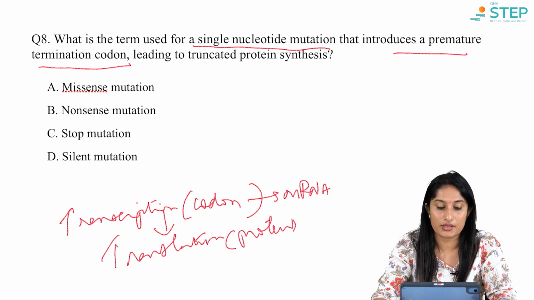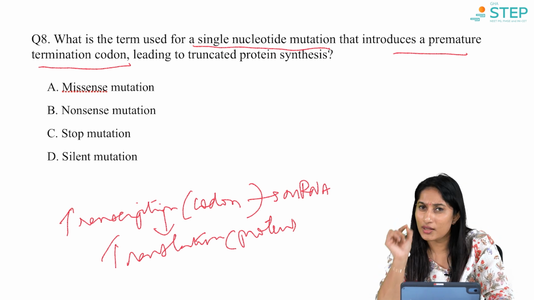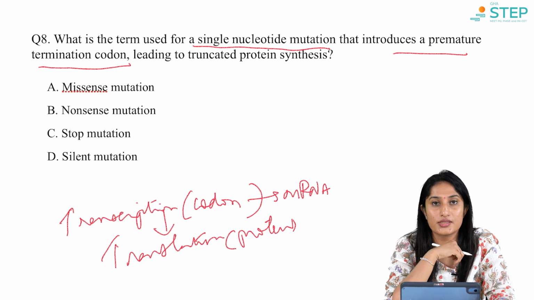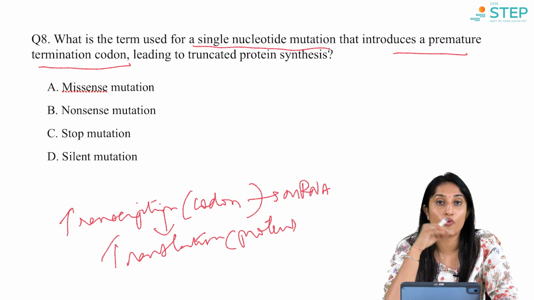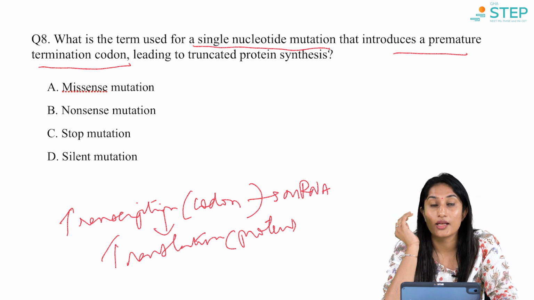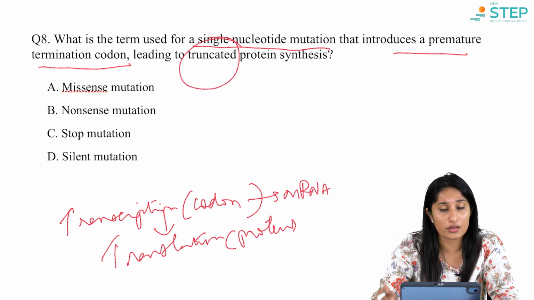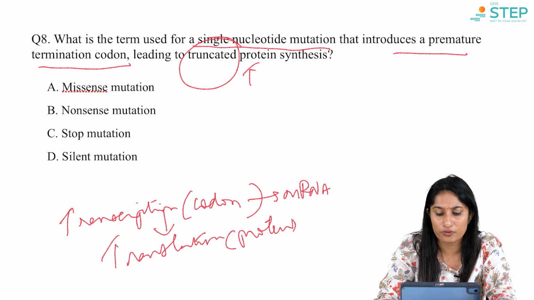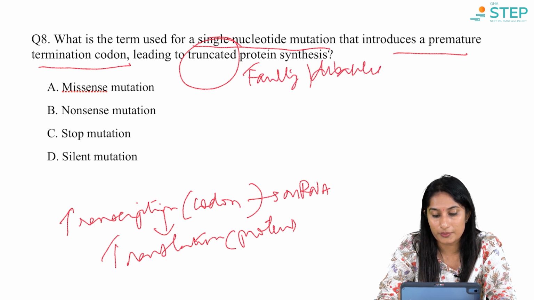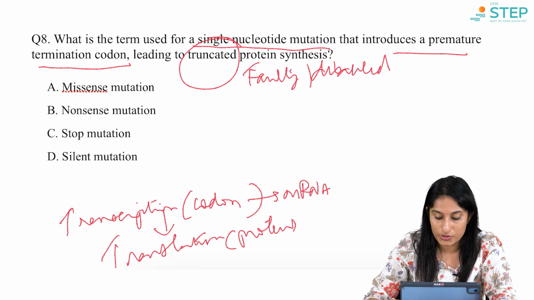So what has happened here is a single nucleotide mutation has occurred, and that has caused the formation of a terminator codon which led to a protein which is truncated. Truncated would mean a faulty protein or a disabled protein. Okay, truncated protein synthesis. So what is the correct option here?